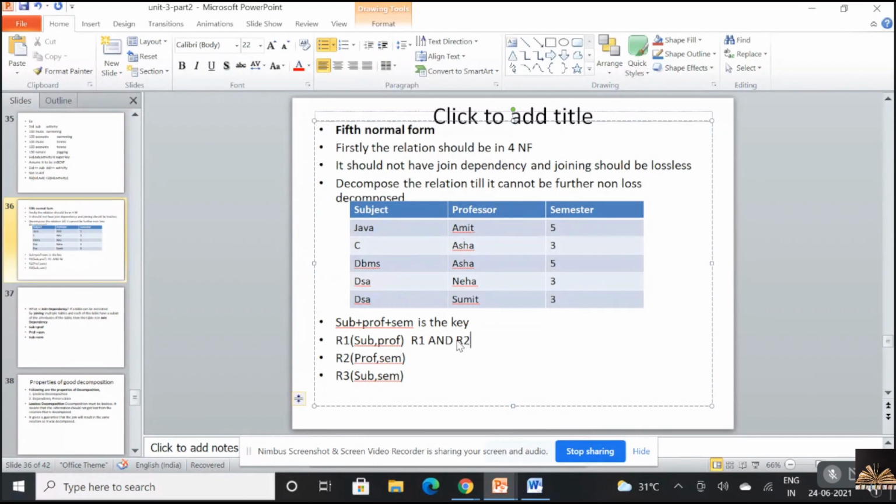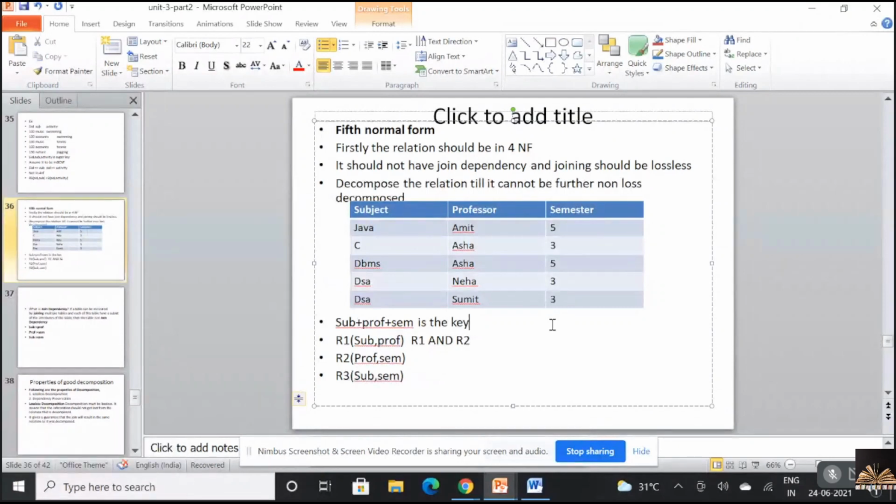Then only I can say that it is lossless. So I'm trying to join R1 and R2 based on professor. Professor is the common thing between the two tables. So I can have a join between R1 and R2. I've already spoken about joins. So R1 and R2 can be joined based on professor.